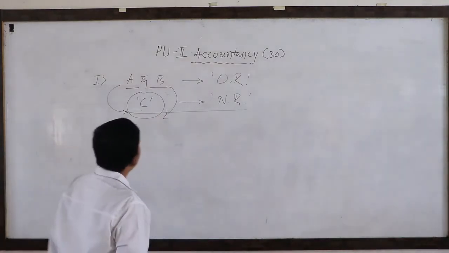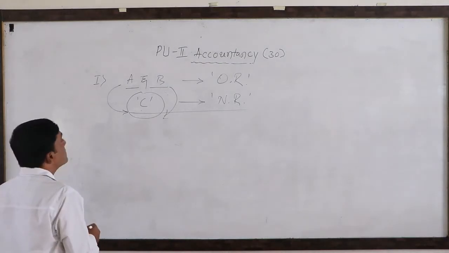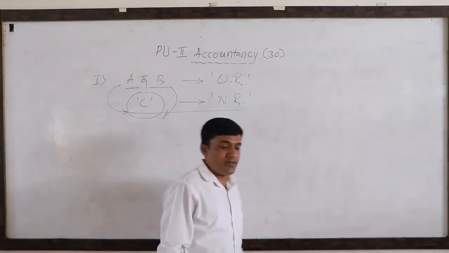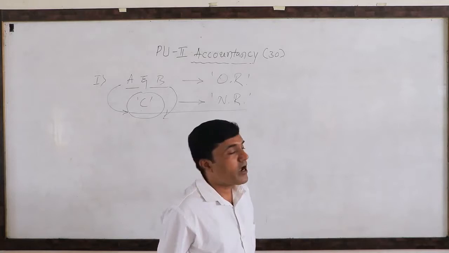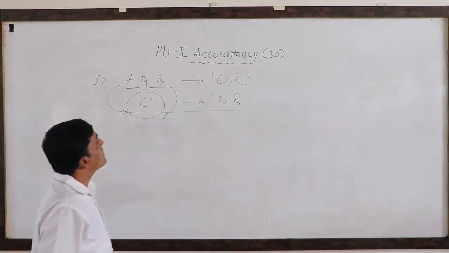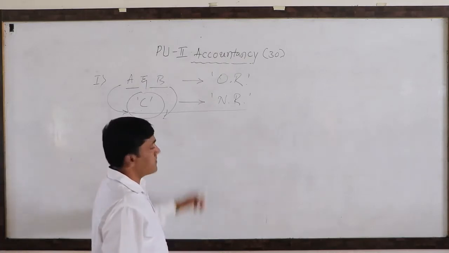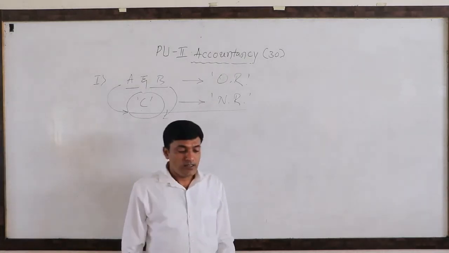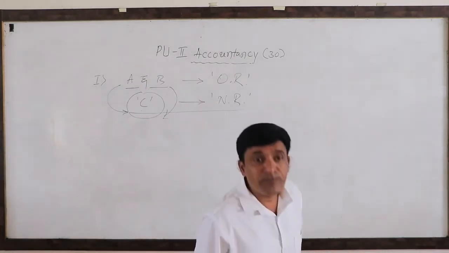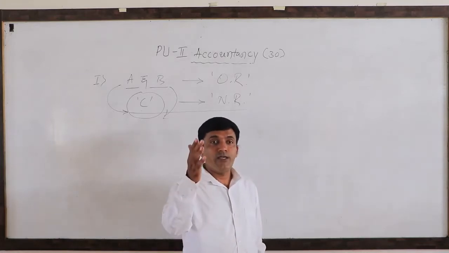So under these circumstances we can see several examples. Dear students, I am going to solve the problems regarding the calculation of new ratio under these circumstances. The image of the question will be on the screen. You can see it.